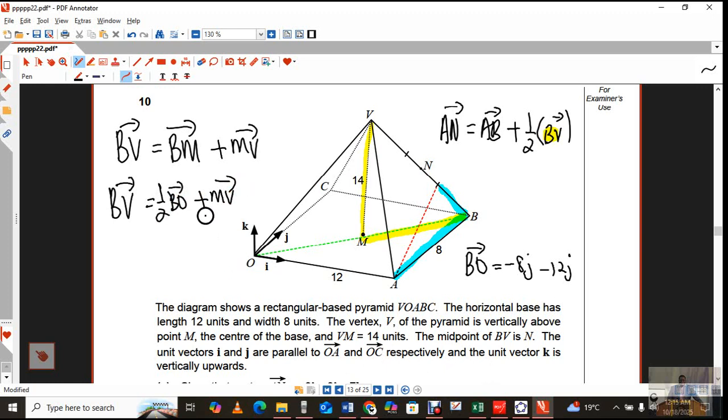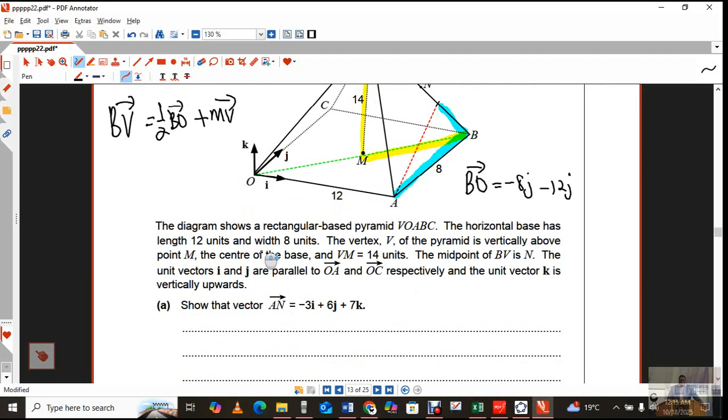This one I can write so long. So let me write what BV is then. BV is half of BO, which is minus 8J minus 12I.